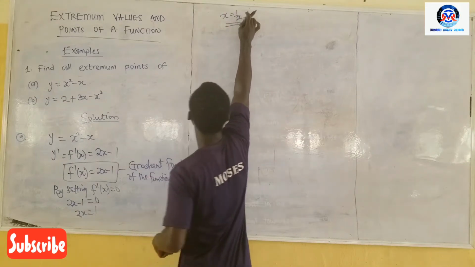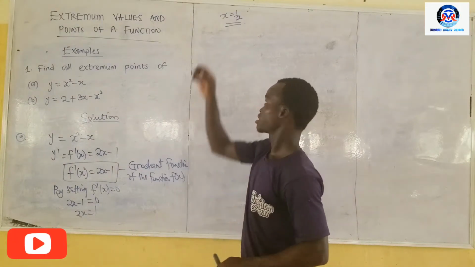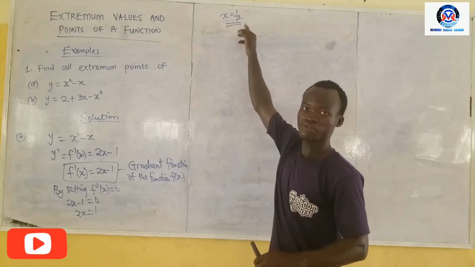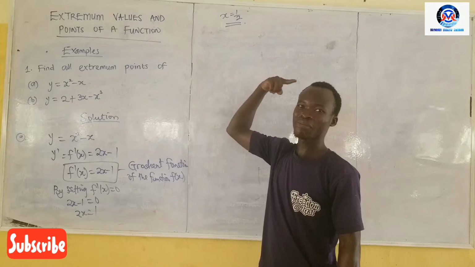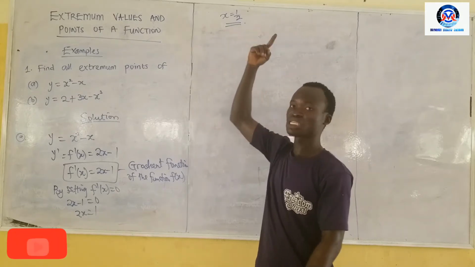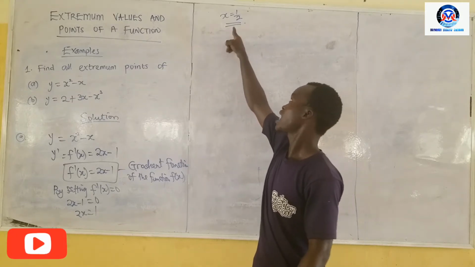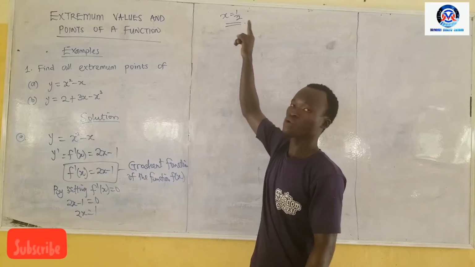Yes, this is the extremum point of the function, because this function will have either its maximum value or its minimum value at the point where x equals 1 over 2.